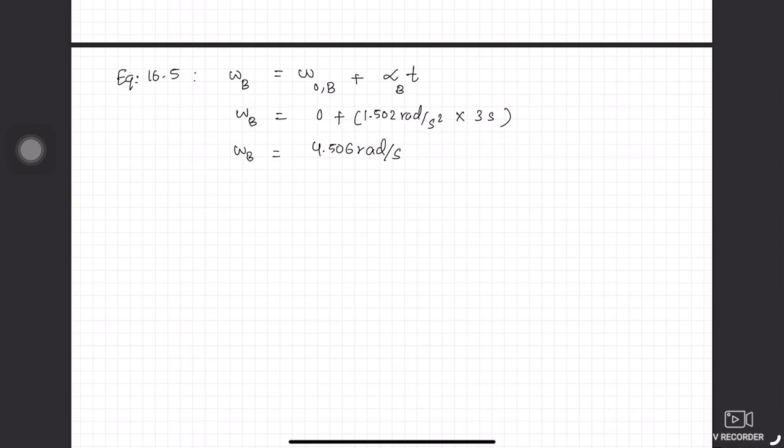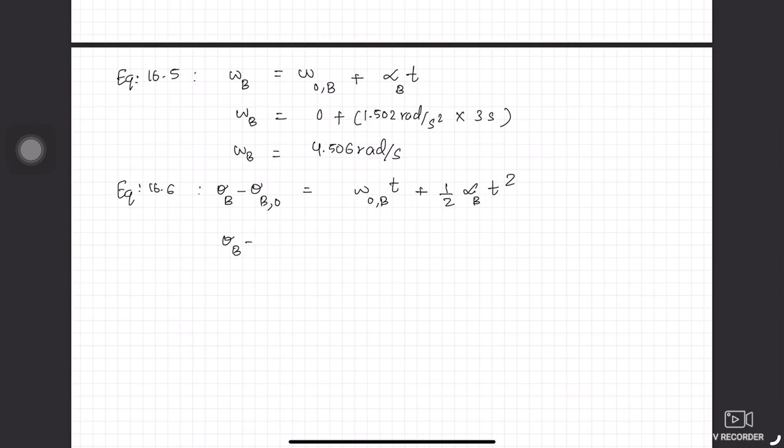Again, we can use equation 16.6 to find the angular position of gear B. Theta B equals theta naught B plus omega naught B times t plus 1/2 alpha B t squared.